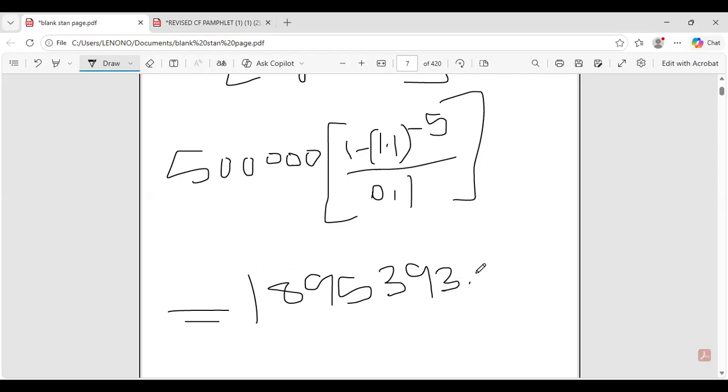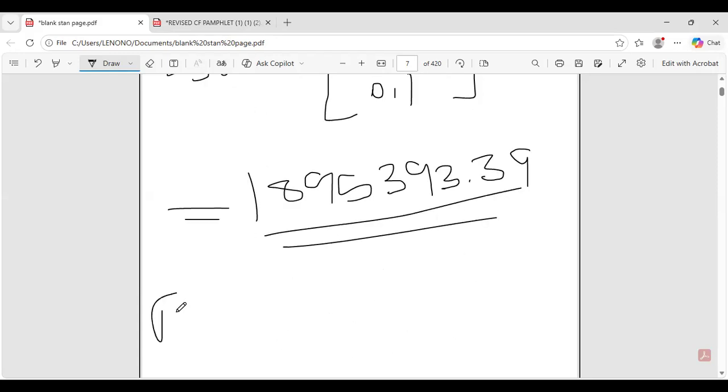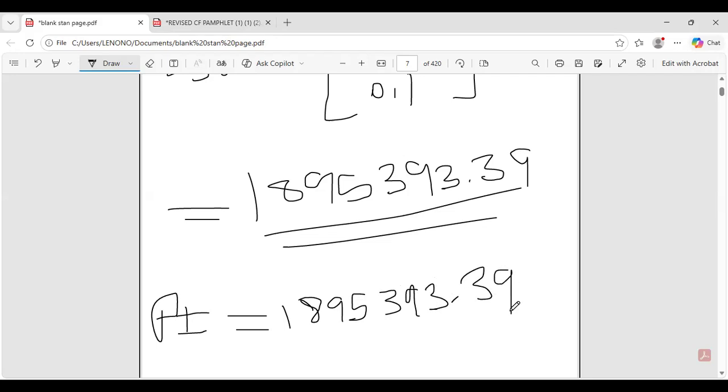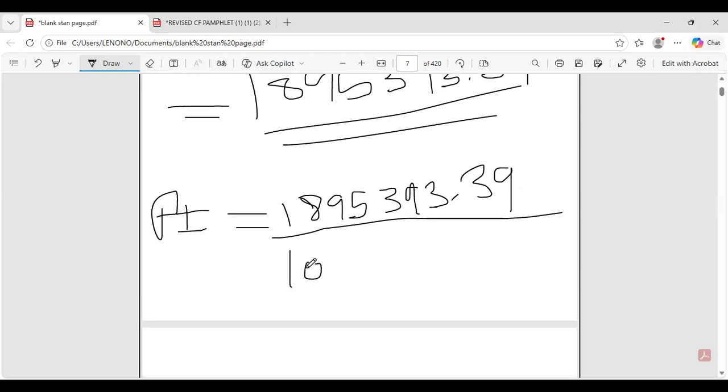So in this case, our PI will be equal to the total recoveries, then you divide by the 1 million.